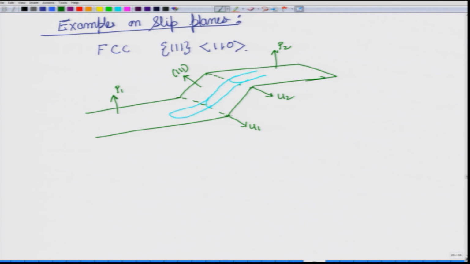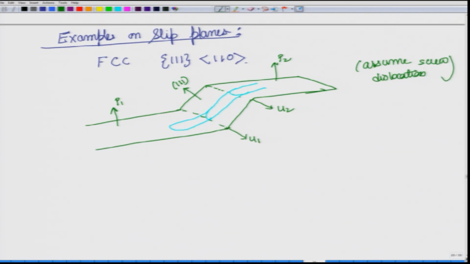You have to tell us what will be the line vectors over here and what will be the corresponding planes. So, you can assume, as I said, screw dislocation. It will make our job much easier when you assume screw dislocation.